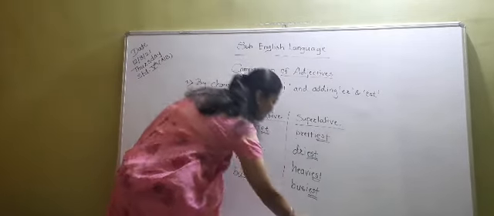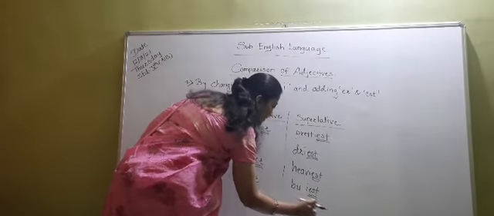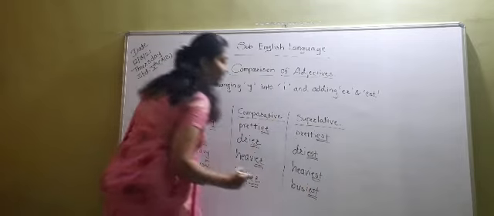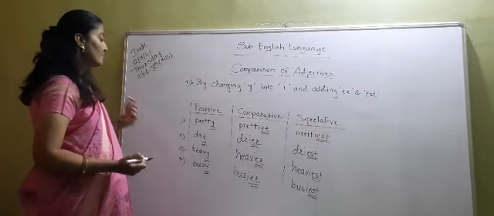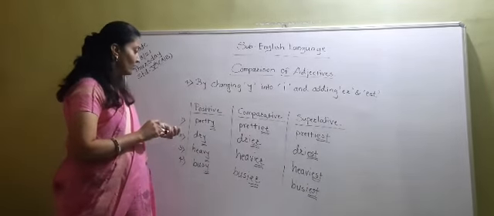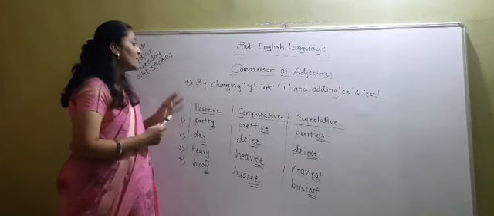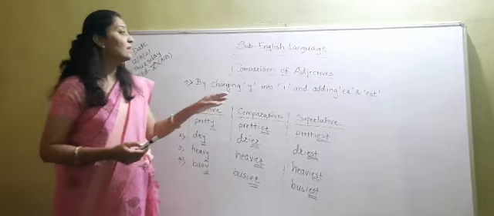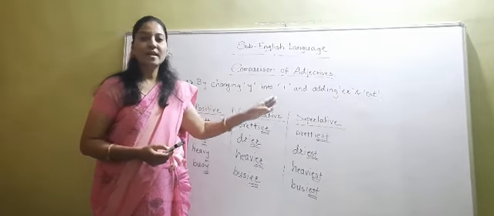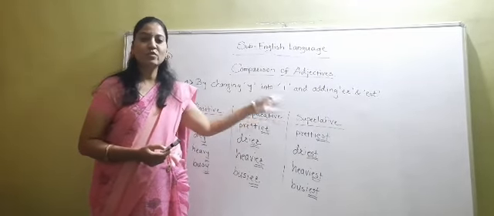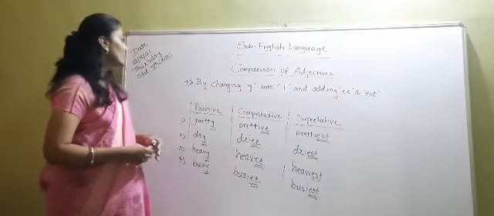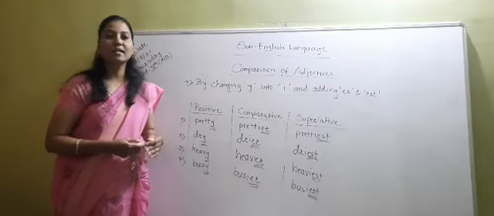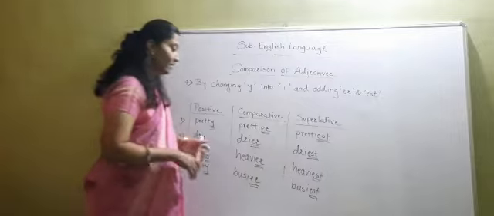Okay? Like this. Okay? So this is our fourth rule. We can change the Y into I and we have to add ER and EST to form comparative and superlative degree. So let's see the next rule.